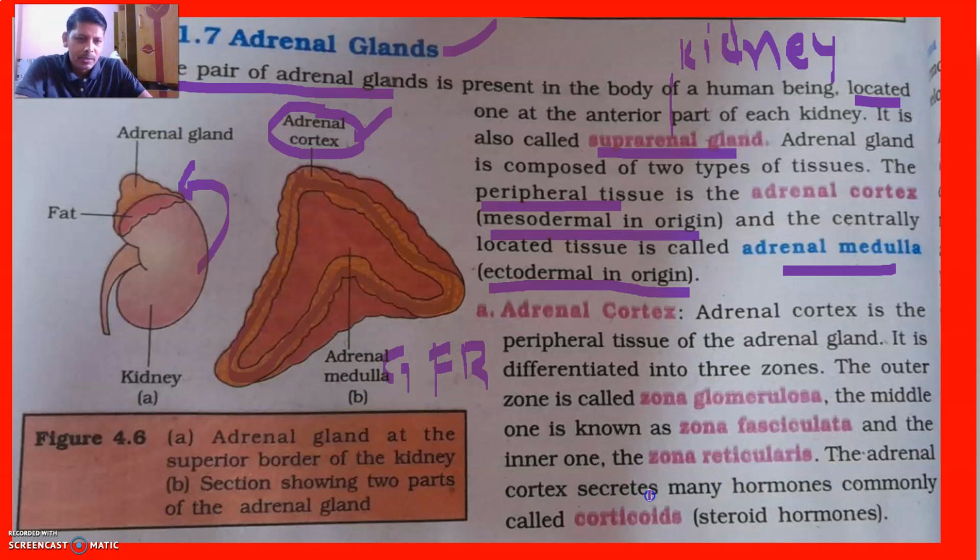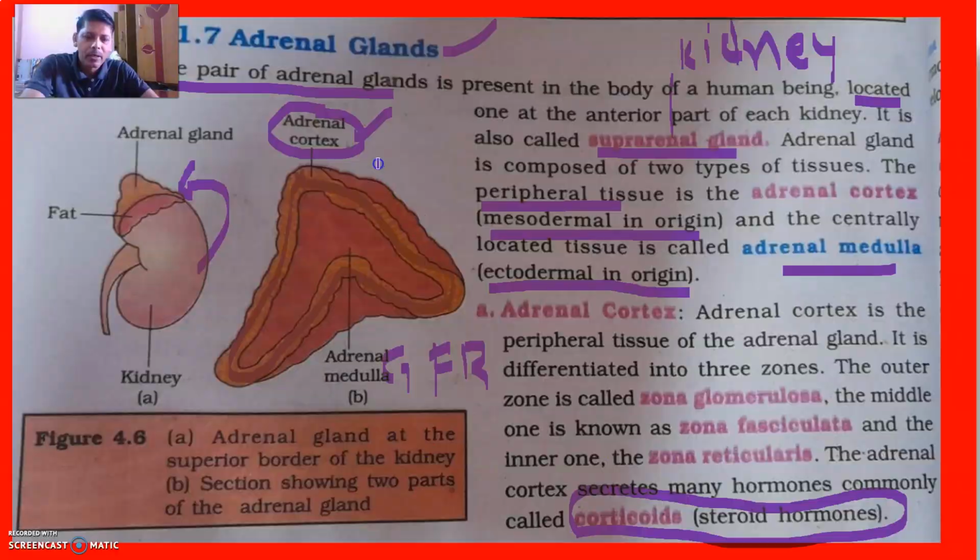The adrenal cortex secretes many hormones called corticoids, or steroid hormones. What do we call the hormones secreted by the adrenal cortex?